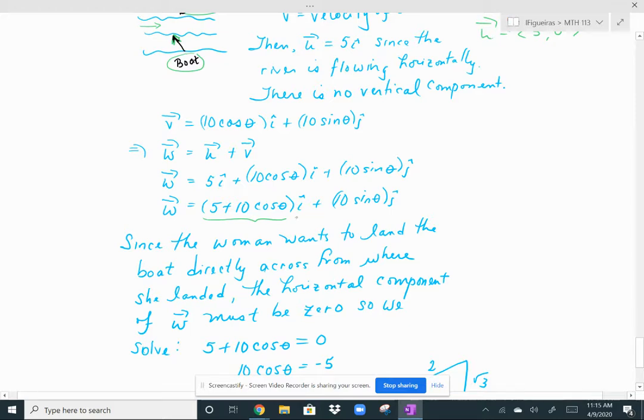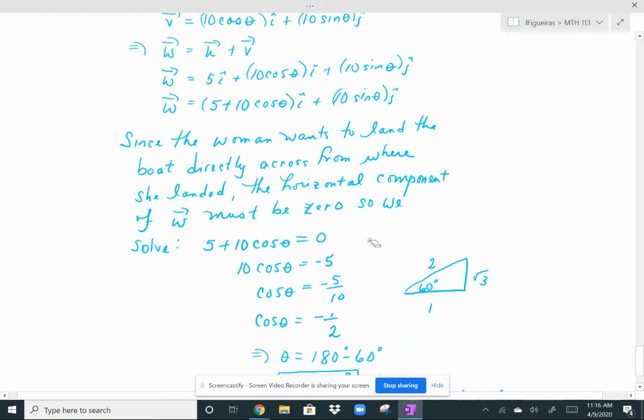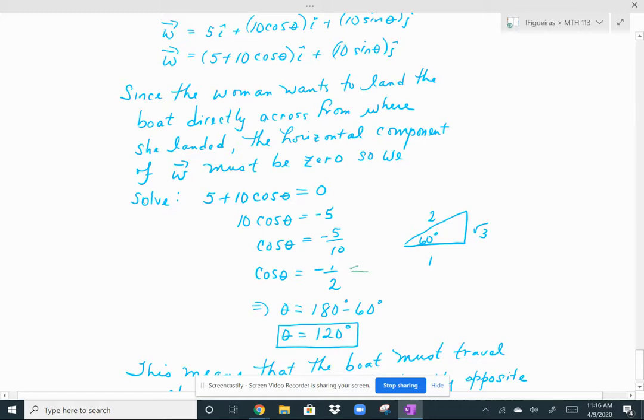So I'm going to take my horizontal component and set it equal to 0 and solve that equation. When I solve that equation, you subtract 5, divide by 10, simplify, and you get cosine of theta is -1/2. Those numbers 1 and 2 should look really familiar because that's adjacent and hypotenuse.